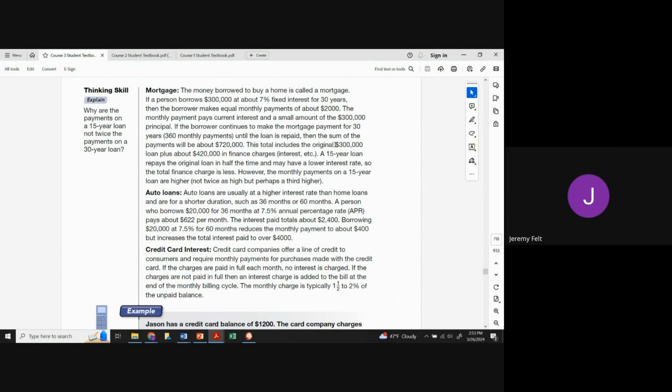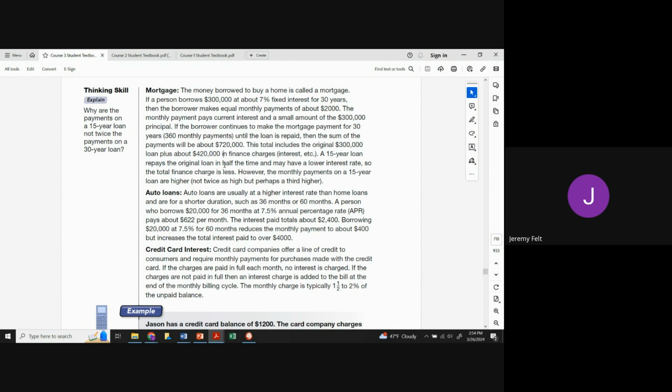So that pays off the original $300,000, but then $420,000 in finance charges or interest. You can see where banks or these lending institutions make a lot of their money off of that being paid back. They're not going to loan $300,000 with no interest because they're taking on all the risk and there's no reward.